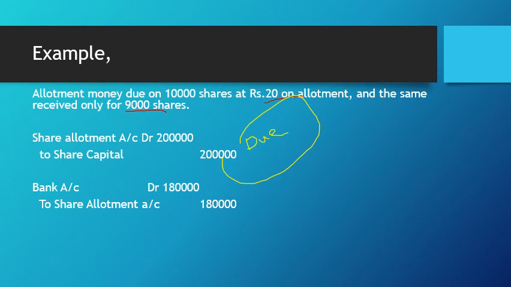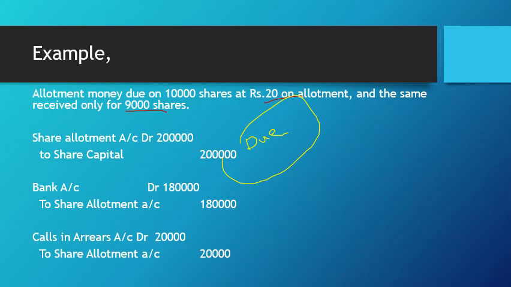But instead of 10,000, we will get only 9,000 shares. So 9,000 into 20, that is 1,80,000, is the amount we got in the form of allotment money. So bank account debit 1,80,000. There is a difference of 20,000 rupees to be treated as calls in arrears. So one more entry: calls in arrears account debit to share allotment.